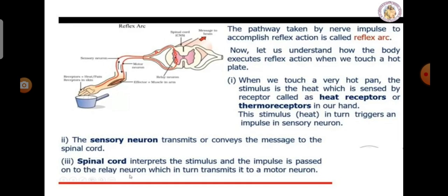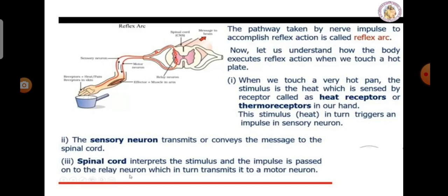The pathway taken by a nerve impulse to accomplish a reflex action is called the reflex arc. Now let us understand how the body executes a reflex action when we touch a hot plate. When we touch a very hot pan, the stimulus is the heat, which is sensed by receptors called heat receptors or thermoreceptors in our hand.